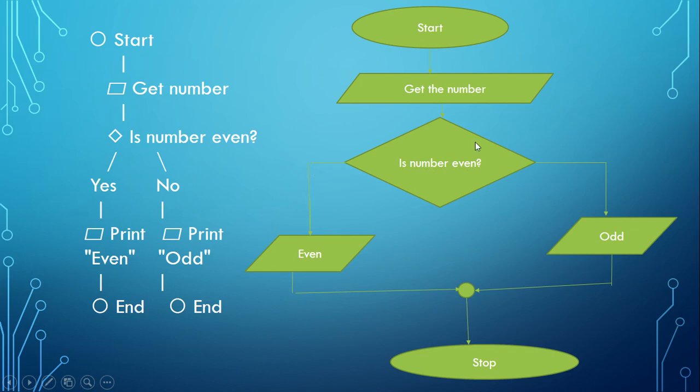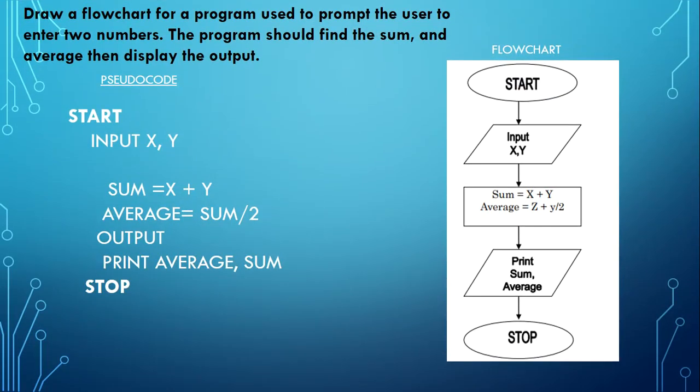Yes, even. If it's not yes, then it is no, then it's odd, and then stop. So this is a simple program showing how those symbols are used. This is the start symbol, the input symbol, decision symbol, output symbol, end symbol. And that is a simple flowchart.